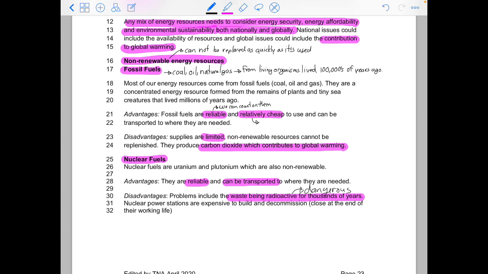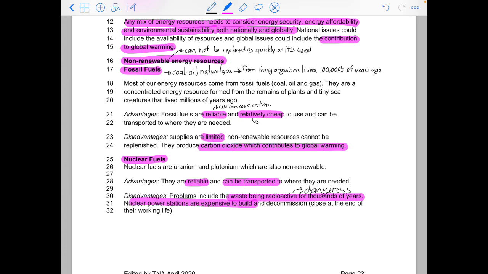We need to make sure that we dispose of it in the best, safest possible way. And still then, there are dangers that someone might uncover it in 300 years, and it still causes an issue. They're also expensive to build. So nuclear power stations are expensive to build and decommission, so close at the end of their working life.